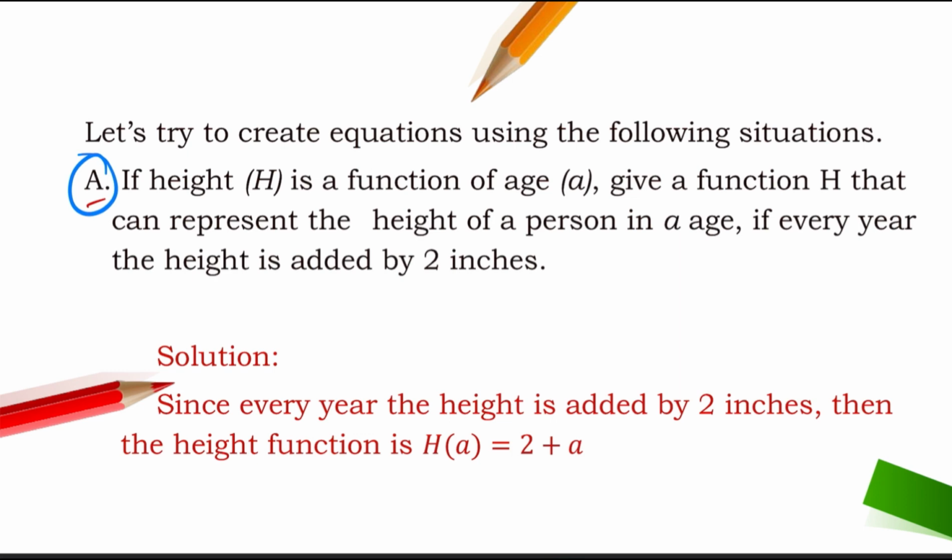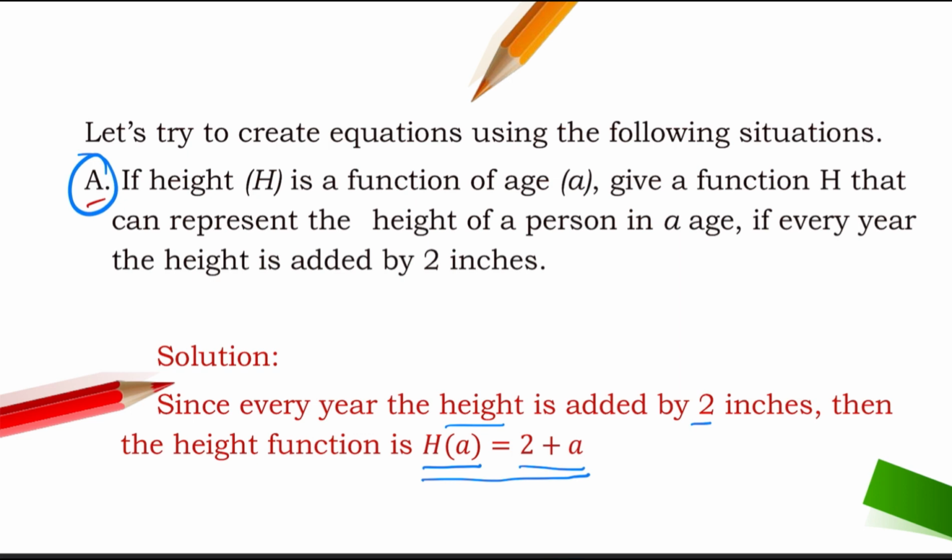Now, for our solution, since every year the height is added by 2 inches, the height function is denoted by h of a is equal now to 2 plus a. And that is our function or an equation.